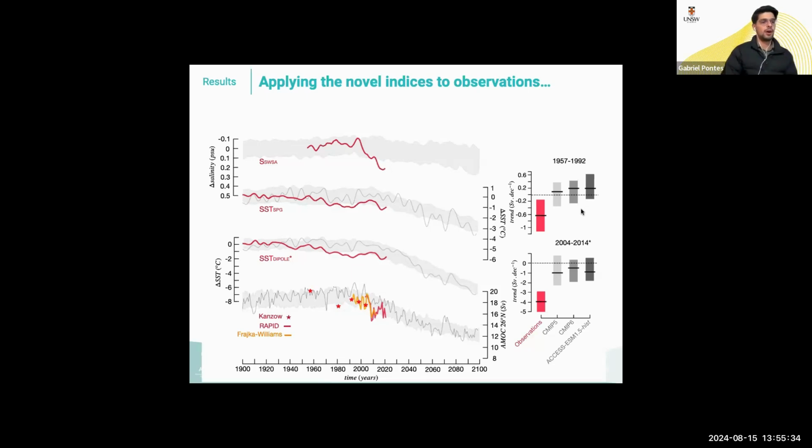We can see that all of those models or all of those ensembles fail to capture those AMOC weakening trends that have been suggested by the observations.